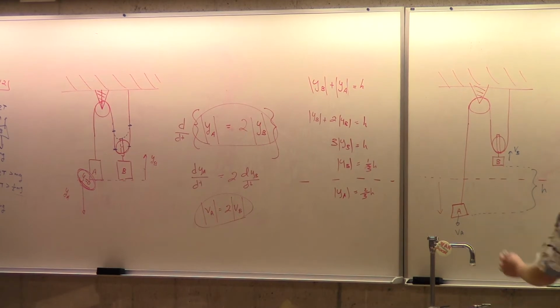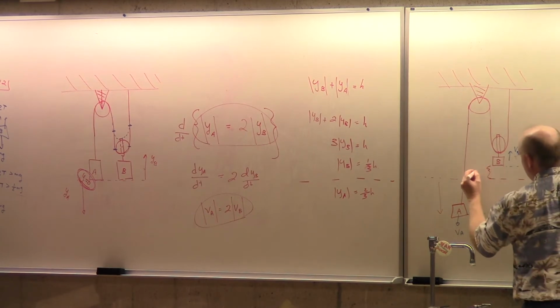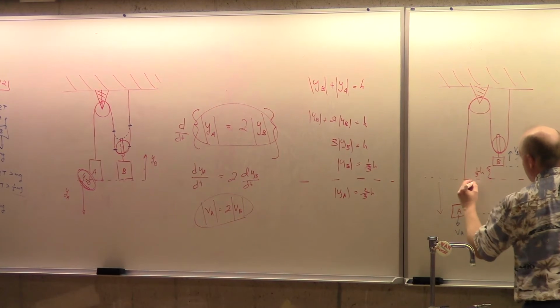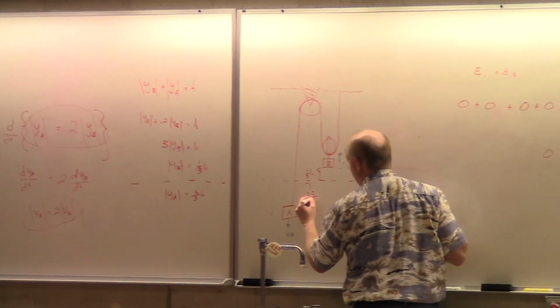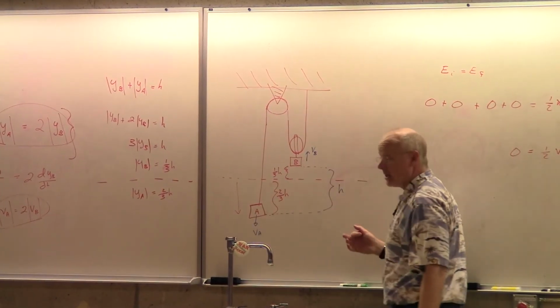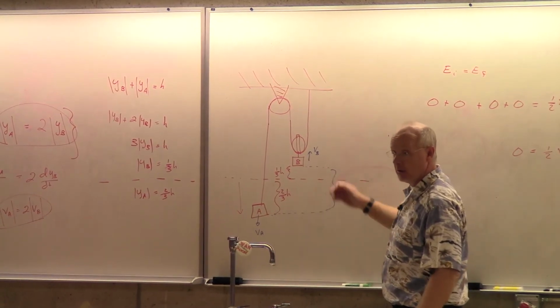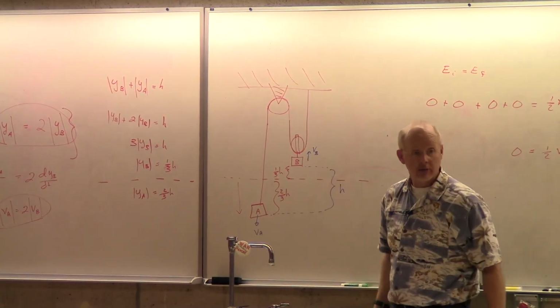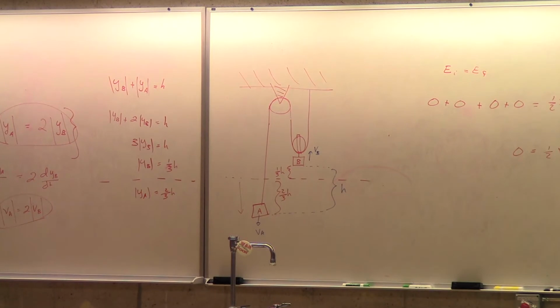And so you're really saying it went up 1/3 h, and this one went down 2/3 h. That makes sense, right? It should have a 2-to-1 ratio and should be separated by h, right? And that's what we have here.